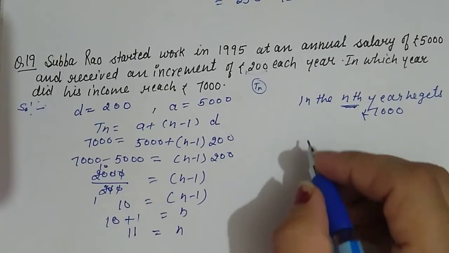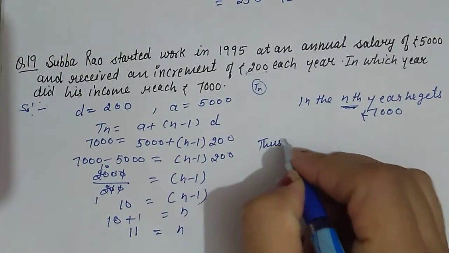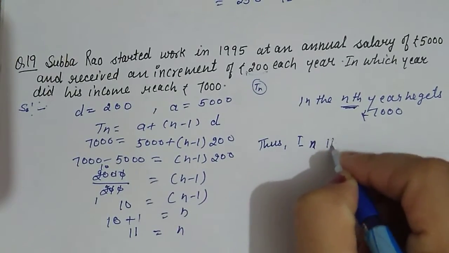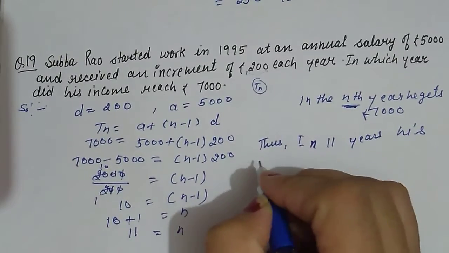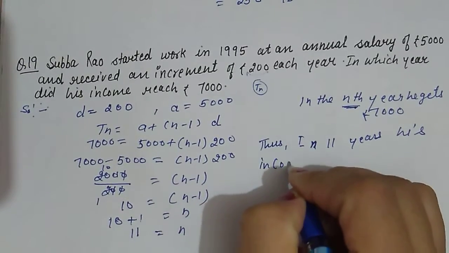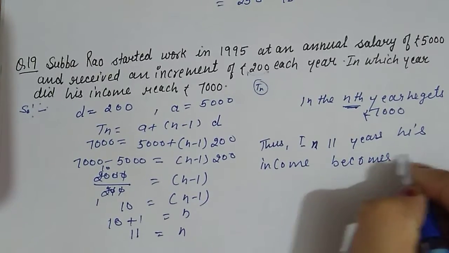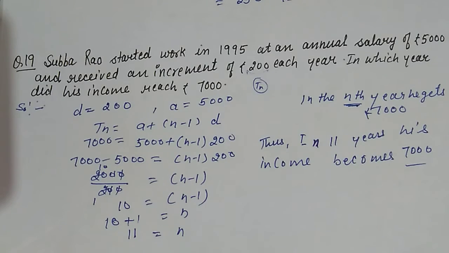You can write it thus: in 11 years his income becomes 7,000. Now our question is complete.